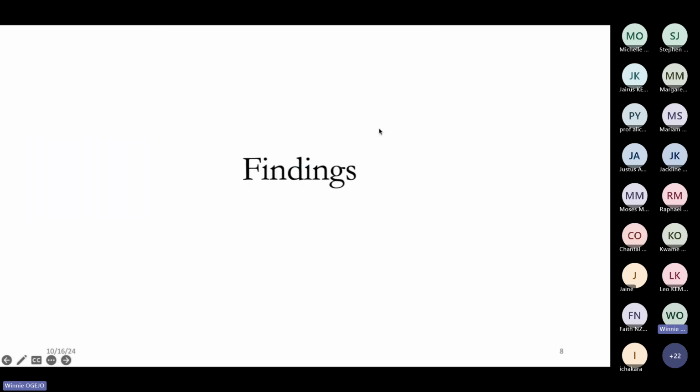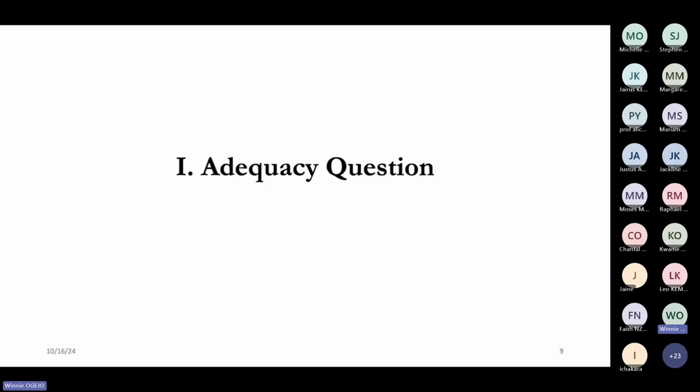So very quickly now we proceed to our findings. Remember, we had mentioned that our findings are split into two. We are responding to the adequacy question, and we are also responding to the equity question. The first part of our findings will be findings on the adequacy question. In responding to it, we are looking at it on two sides as well.